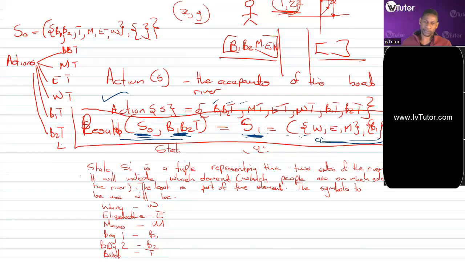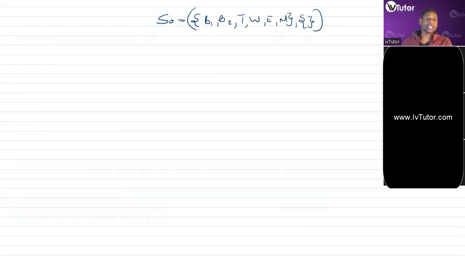So the initial state that we did, now we have S naught, which is equal to B1, B2, T, W, E, M. And then how many possible actions are here?